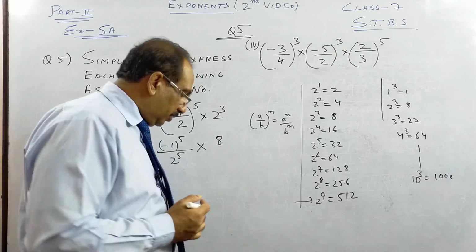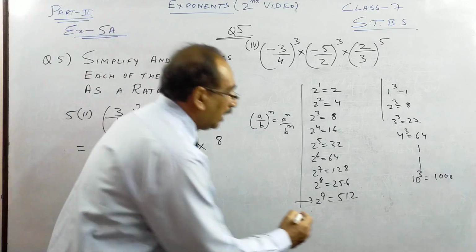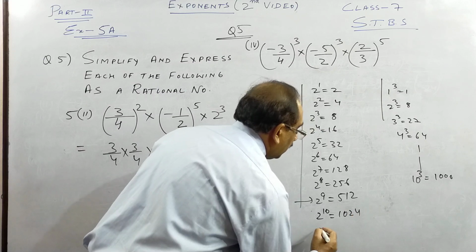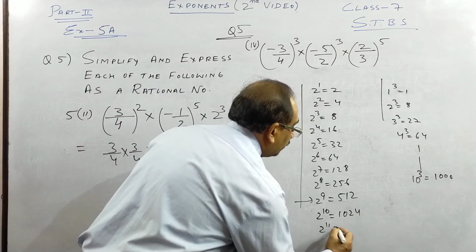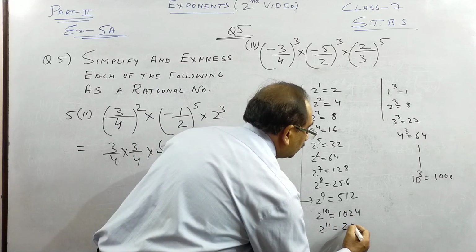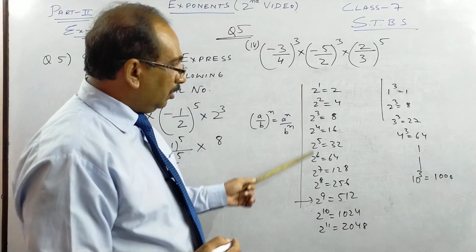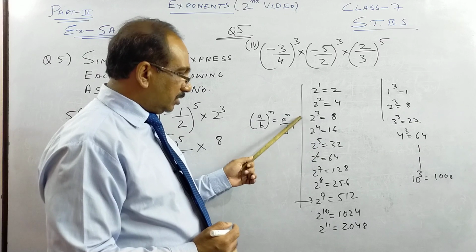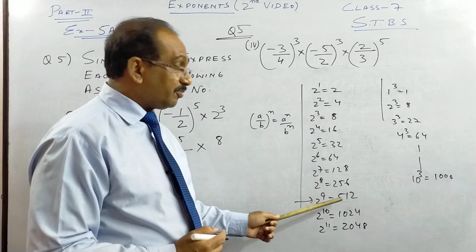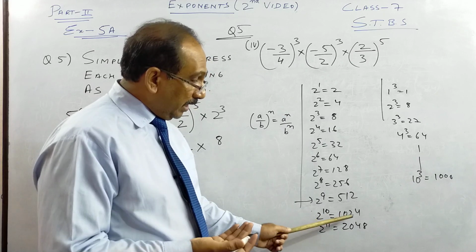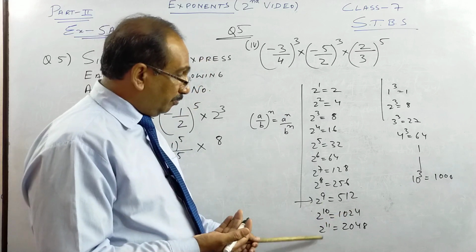So down I was writing, if you remember, and 2 to the power 10 is 1024, and if you do 2 to the power 11, you will get double of that, 2048. Okay, so simply we double, children, you see. So 2 to the power 9 is 512, not 1024. 2 to the power 10 is 1024, and I have solved many questions.